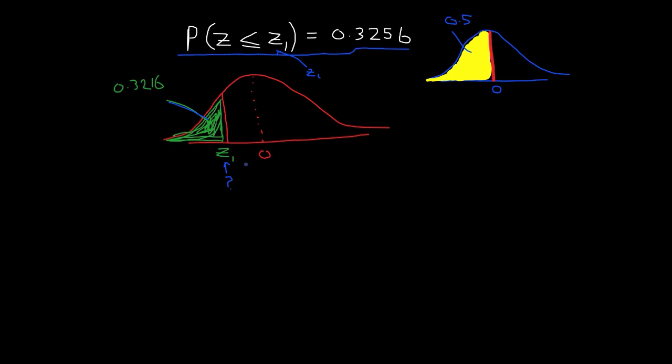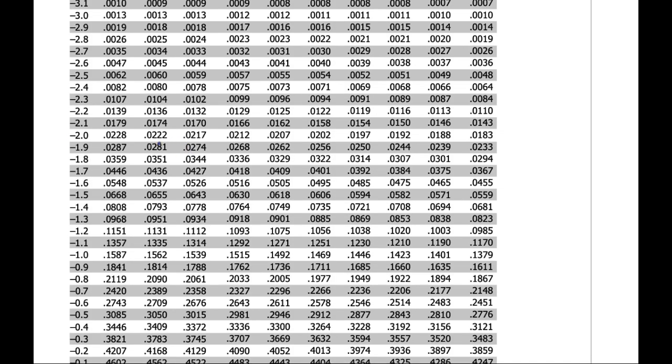How do we find this? Using the Z table, scan the middle of the table for 0.3256.